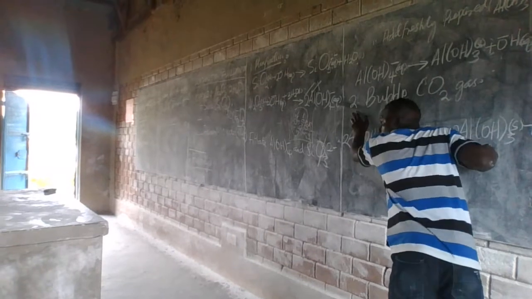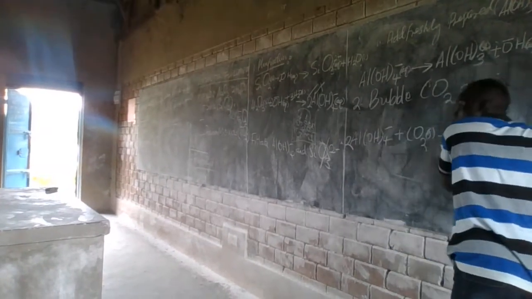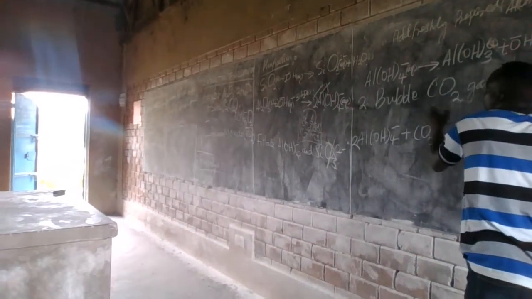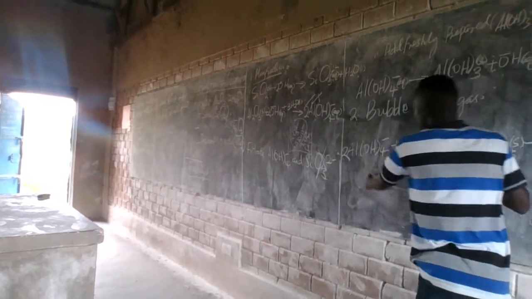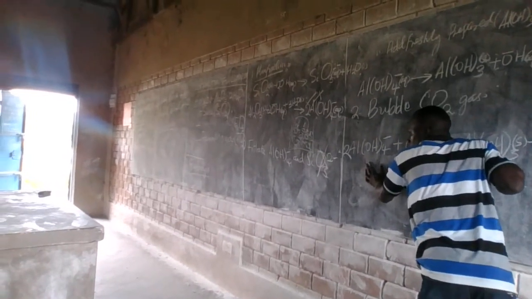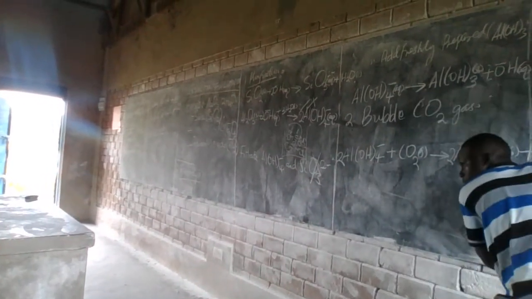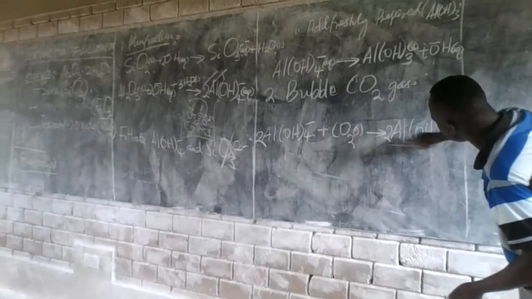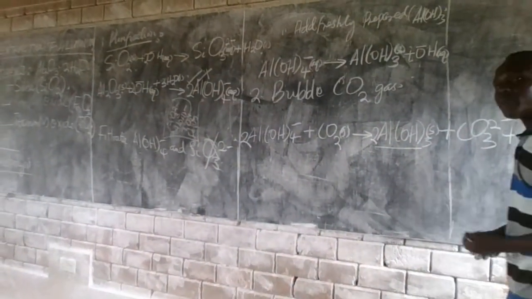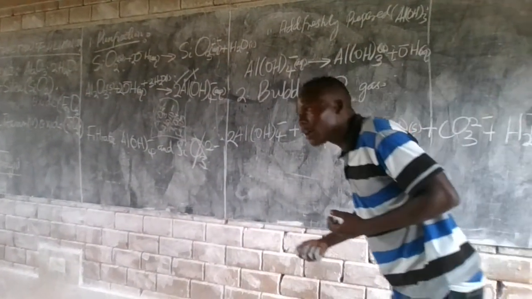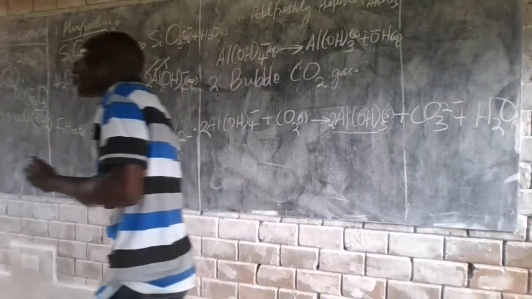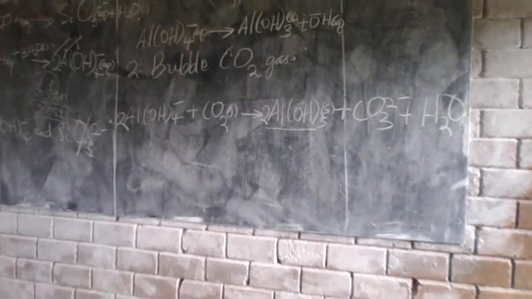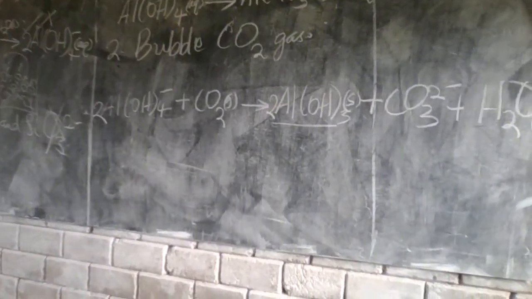Then we can also bubble carbon dioxide gas. When we bubble carbon dioxide gas, we shall form aluminium hydroxide, carbonate ion, and water. Our point of interest is this. But remember, we are purifying the ore. We want to remain with aluminium oxide only.